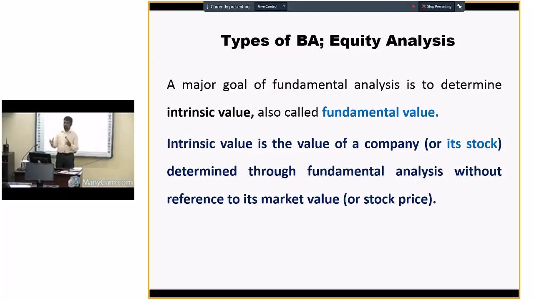We have a number of methods to get that fundamental value, and I think you are aware of them. We have the dividend discount approach, and you are aware of these approaches, or the price earnings approach.